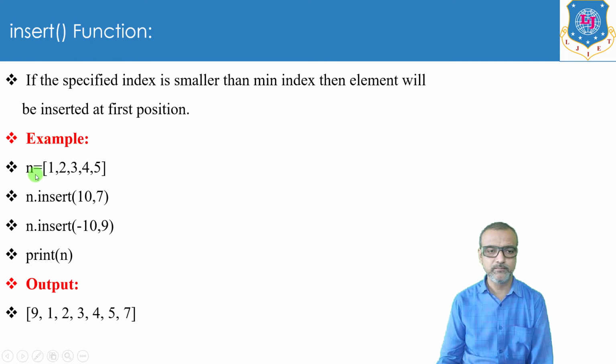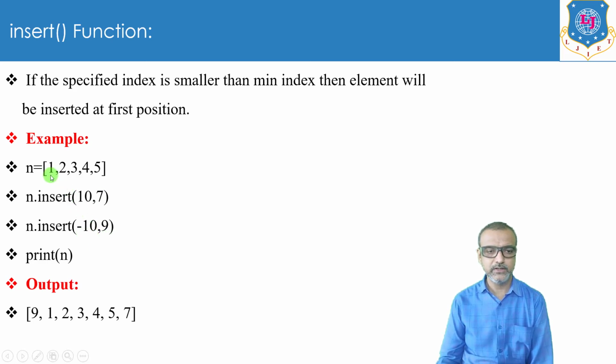For example, in the list n we have taken these 5 elements, n.insert(10, 7). See, here we have only 5 elements, and here we are going to add number 7 at position 10. So it will be added at last. And n.insert(-10, 9).